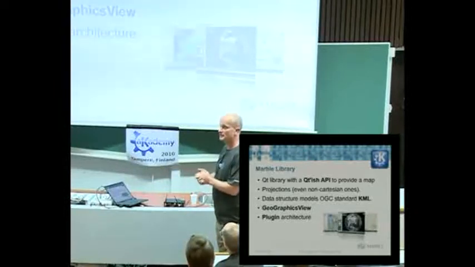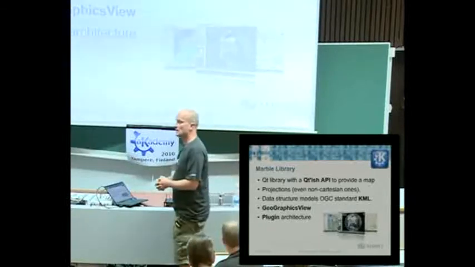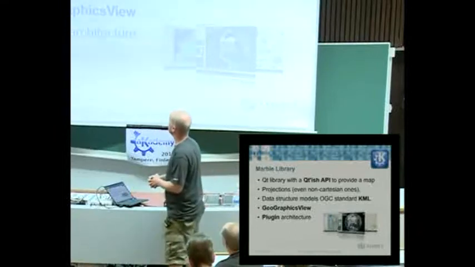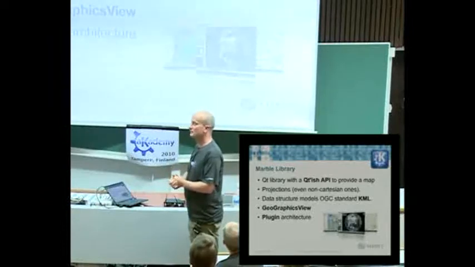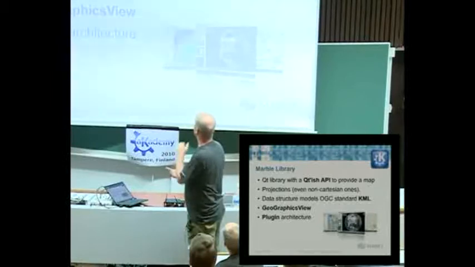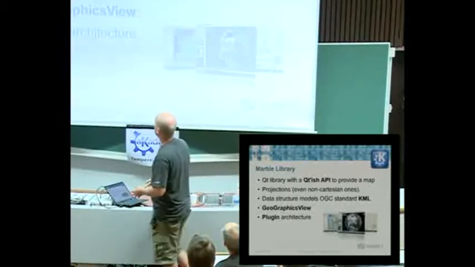That has several advantages. One of them being that we have some basic support for KML importing, and on the other hand, we already have some fully documented class design available somewhere, namely in the OGC standard.